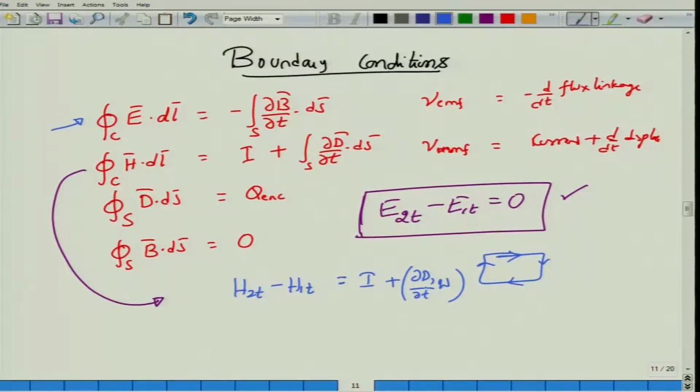Then if I now take the limit of W tending to 0, this quantity goes off to 0, simply because we do not allow for infinite D fields. So as the loop shrinks down in such a way that you end up just having a loop of infinitesimally small thickness, the contribution from the right hand side, the displacement current, goes off to 0.